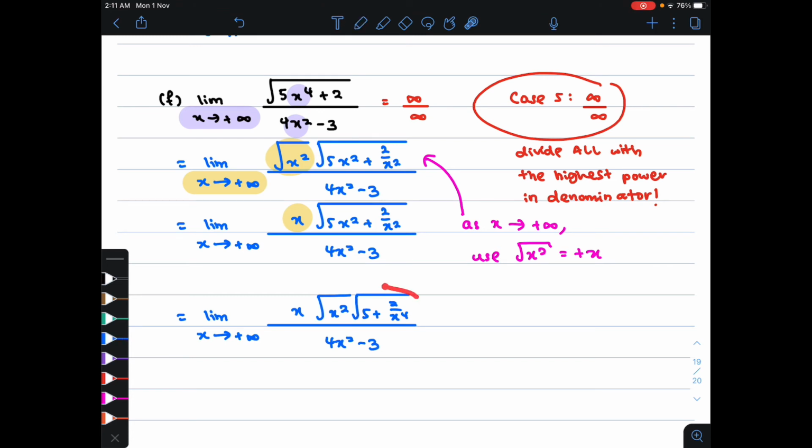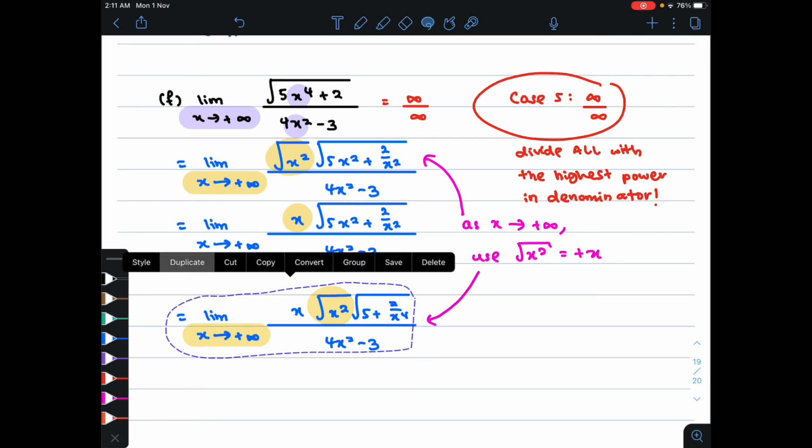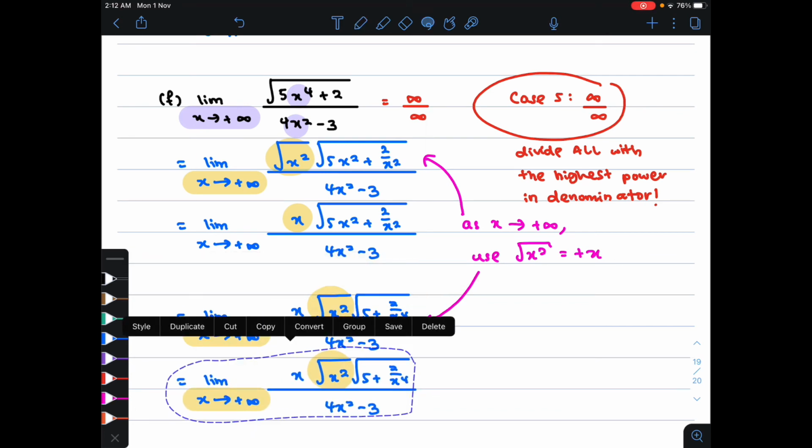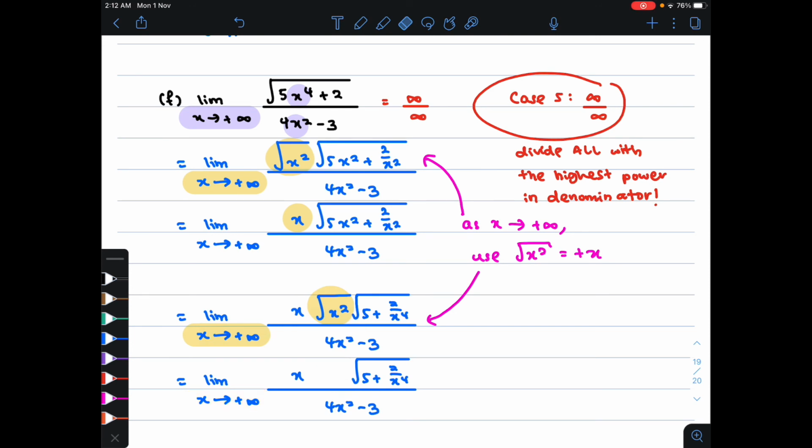And we will get square root of x squared times square root of 5 plus 2 over x to the power 4. We're going to apply the same thing. As x approaches positive infinity, square root of x squared is positive x. And this is actually x squared.